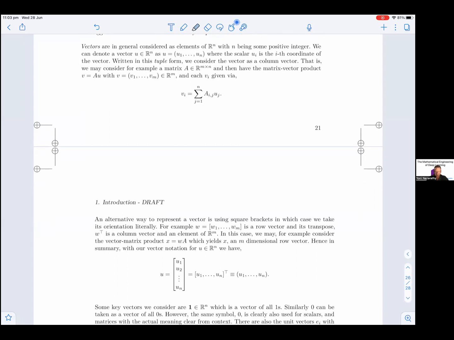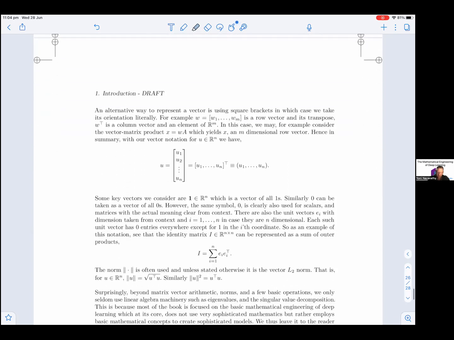That is, we may consider, for example, an m by n matrix A, and then have the matrix-vector product v = Au, with v = (v_1, ..., v_m), an element of R^m, and each v_i given by v_i being the sum from j = 1 to n of A_ij u_j. So v_i is obtained by multiplying the vector by the ith row of the matrix A.